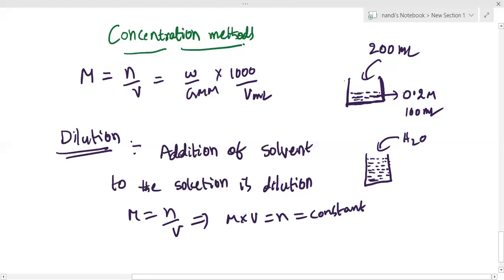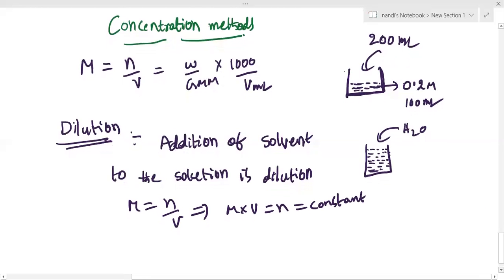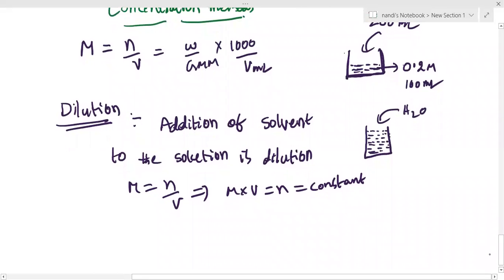Is it clear? So what is constant for the dilution process? The number of moles, because we're adding extra solvent but we didn't add any solute. Whatever existing solute is there doesn't change. So for two different cases, I'm taking one solution. Assume it is 0.4 M and 200 mL of HCl.